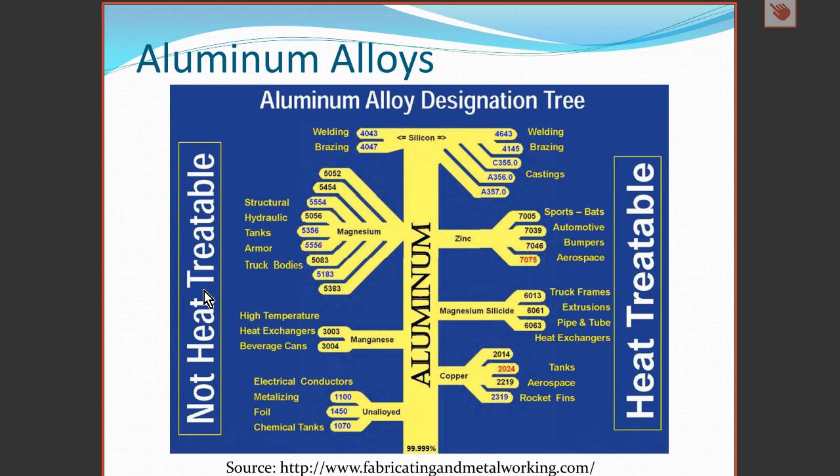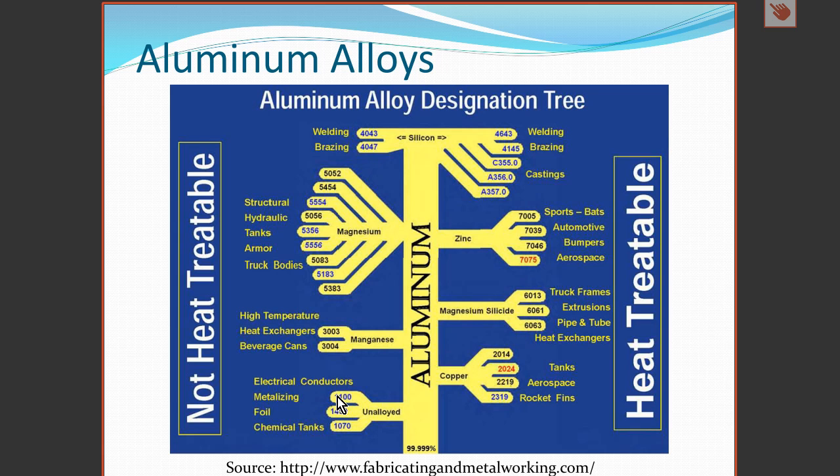Alloys tend to not be heat treatable in the sense that they cannot be aged when the precipitate formed is not coherent and thus not effective for increasing the strength of the material during aging. Heat treatable alloys may be age hardened. So here we see the unalloyed aluminum.